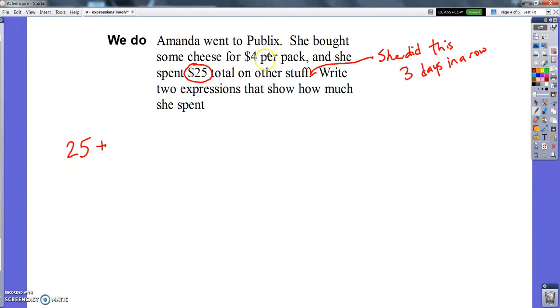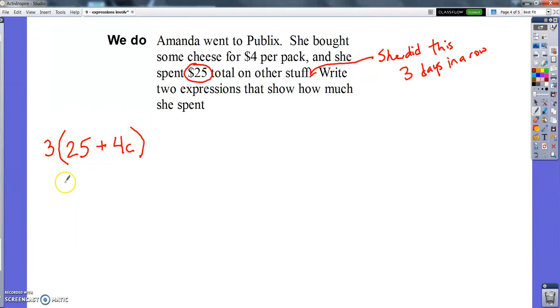She also spent $4 per pack of cheese, and I don't know how much cheese she bought. So she spent $25 plus 4 times however much cheese she bought. She did this 3 days in a row, which means I'm going to take that whole thing and multiply it by 3. So she spent 25 plus something 3 times. So this is one way I can write the expression.